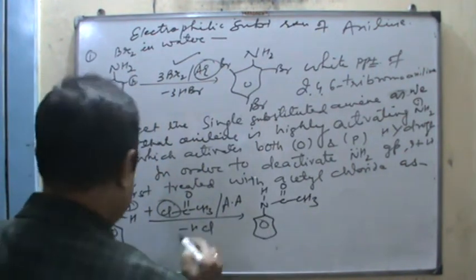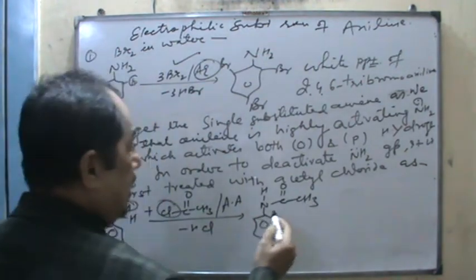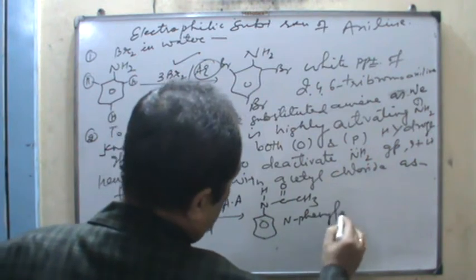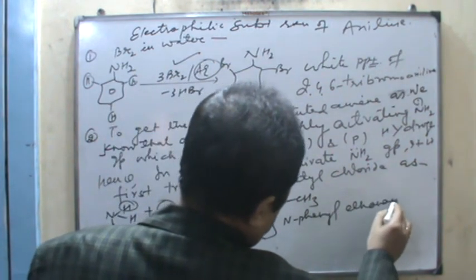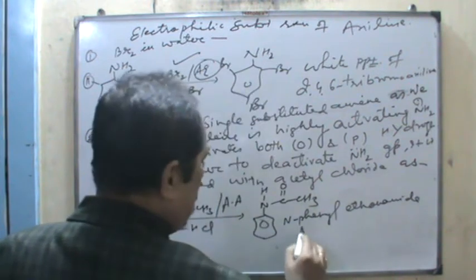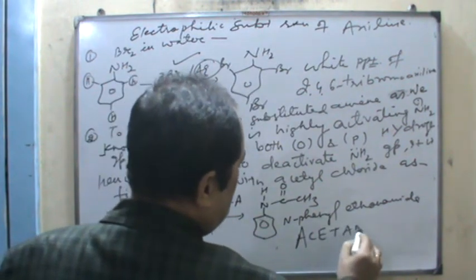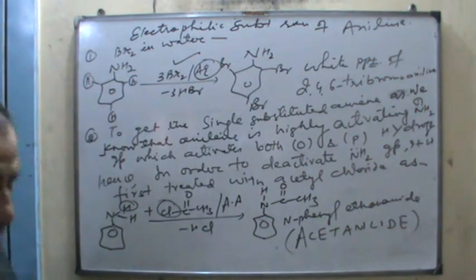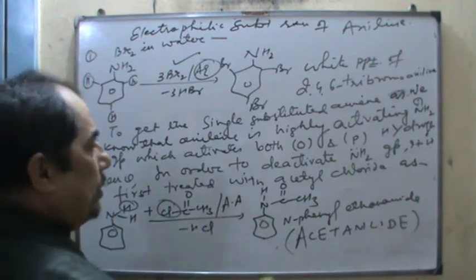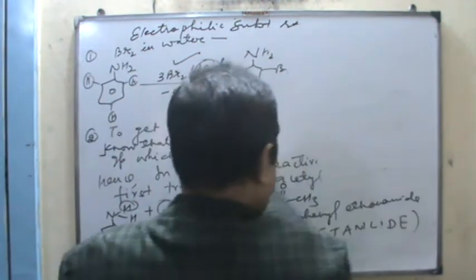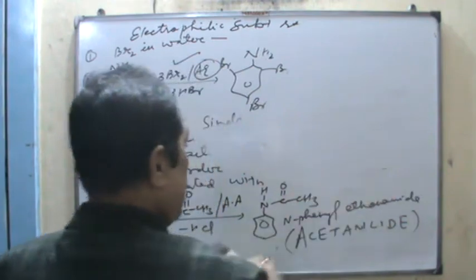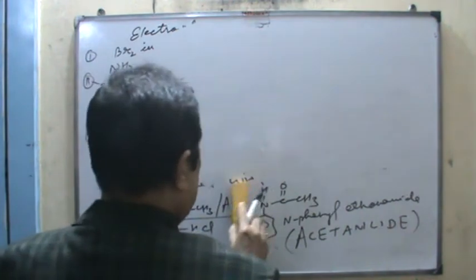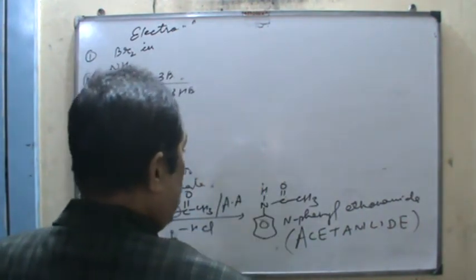Tell me anybody the name of this? N-phenyl ethanamide. This is called N-phenyl ethanamide, or it is known as acetanilide, which is further treated with Br2, because we are going to take bromination.